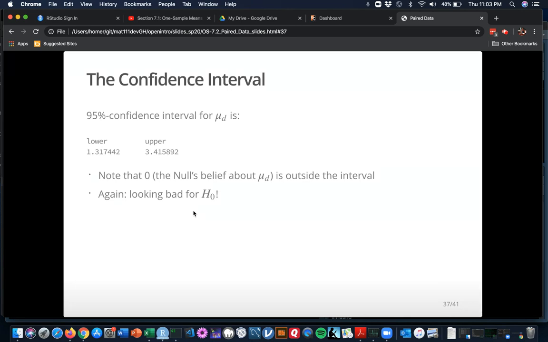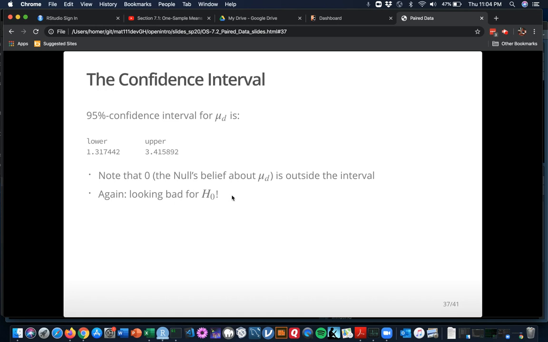And the confidence interval backs that up. The 95% confidence interval for mu d goes from 1.3 to 3.4 points difference. And so the null's value of 0 is way, way down below the lower bound of this 95% confidence interval. It is nowhere near the range of values that could be considered reasonable for mu d based on the data.